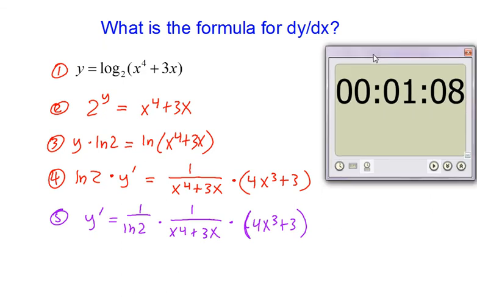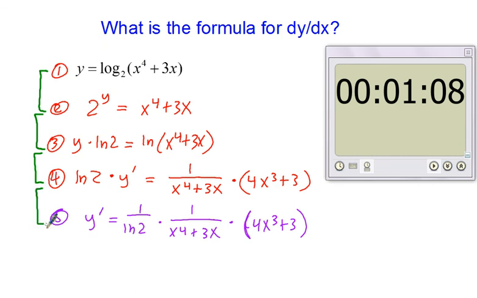So once again, in right around 1 minute and 10 seconds, we're able to compute these derivatives. And along the way, we're practicing our skills with relating logarithms and exponentials. Always good practice with that. We're using our skills with logarithms. We're using implicit differentiation as well as the chain rule.